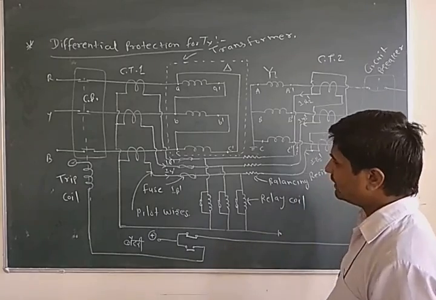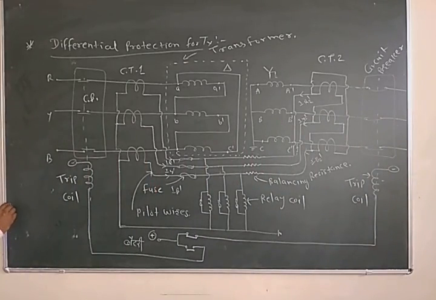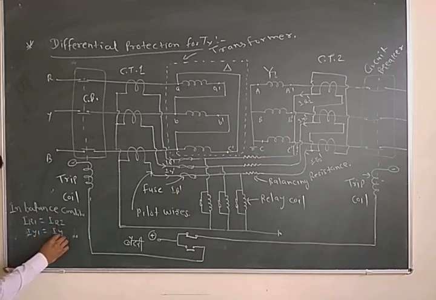So we can say that in balanced condition, IR1 is equal to IR2, IY1 is equal to IY2, and IB1 is equal to IB2. This is for the balanced condition.